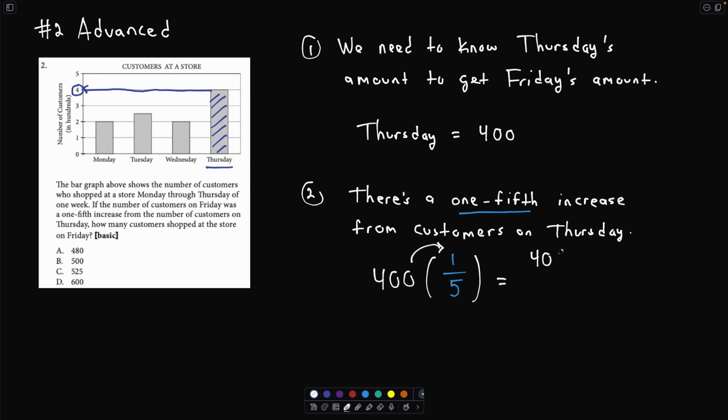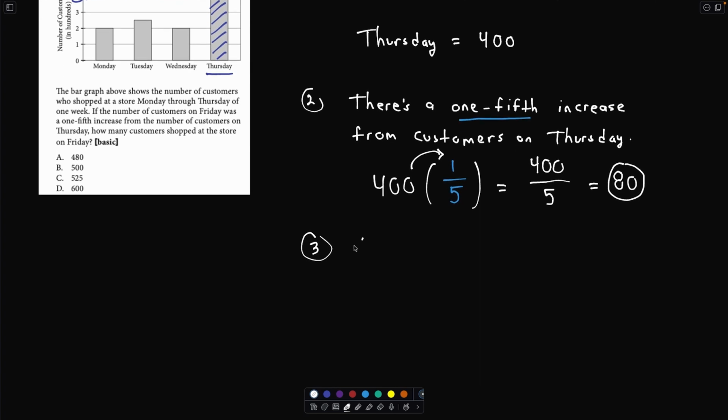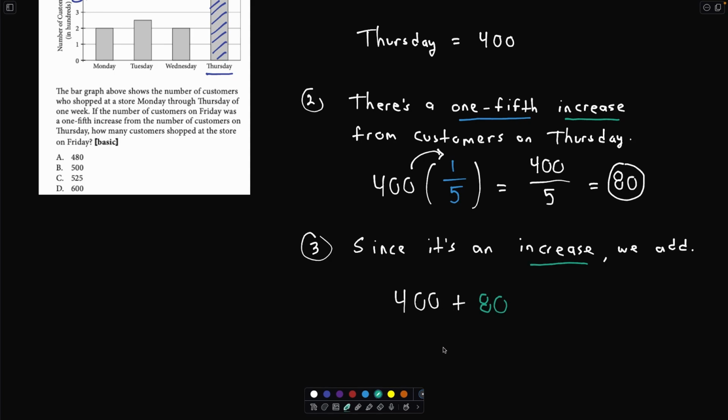So 400 times 1 is 400, divided by 5 is equal to 80. Now for the third step, we piece it all together. Since it's an increase, we add. So 400 plus our increase of 80 is equal to 480, which gives us the amount of customers on Friday.